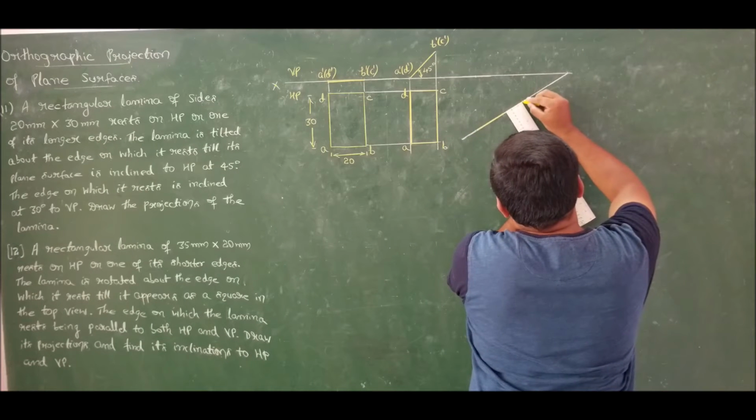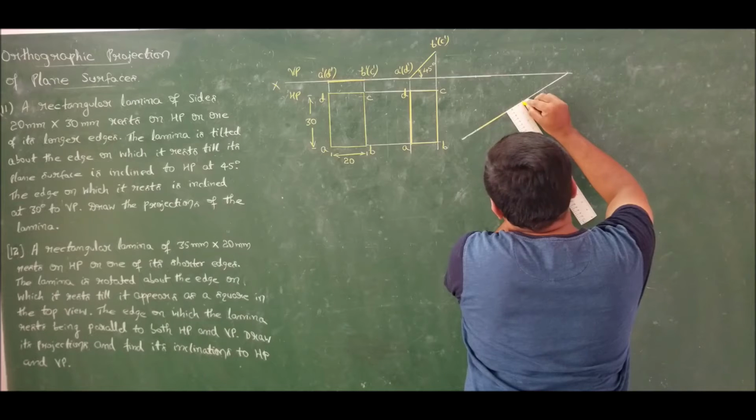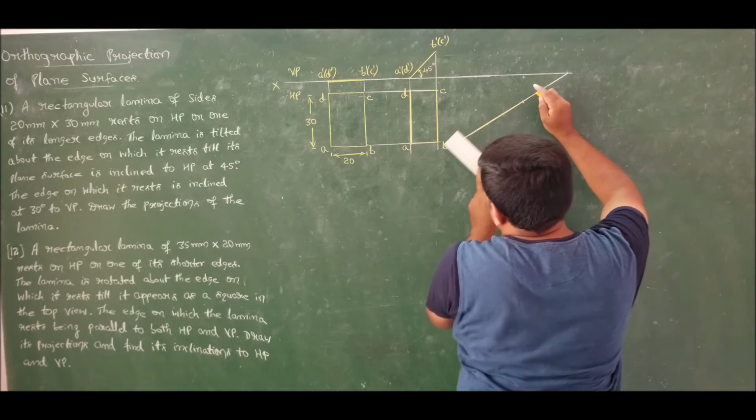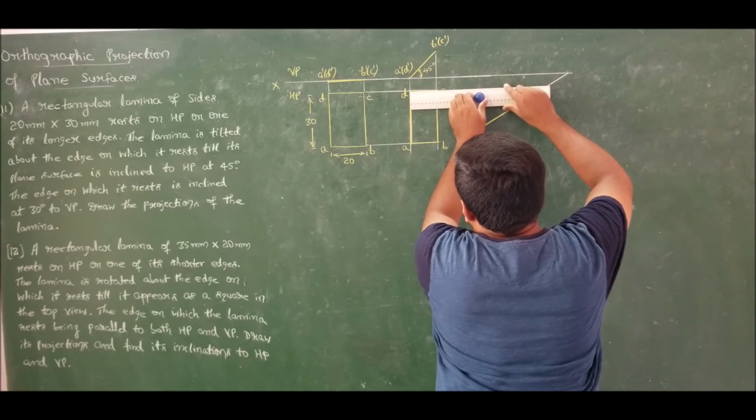I have inclined the resting edge at an angle of 30 degrees to the vertical plane and the shorter edge is 20. Now it is reduced, right? We have inclined. Now it is reduced. How much is that? It is coming around 15.